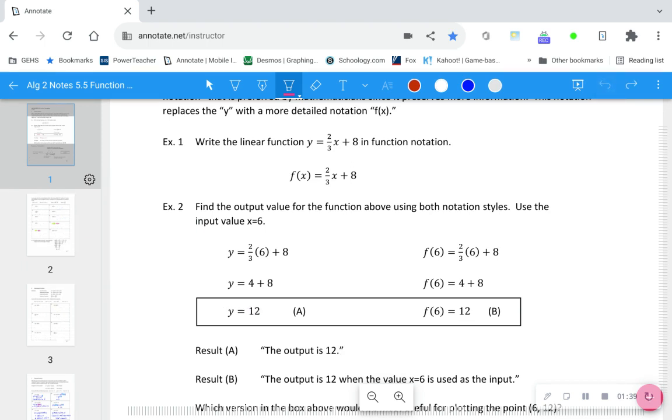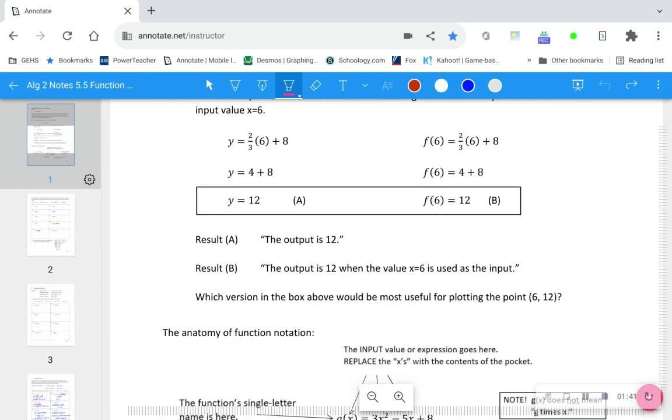Now, if you contrast that with the other side, we're going to do the same work on the right. 2/3 of 6 plus 8 is 4 plus 8. That also gives 12. But the difference is we never lost track of that x value. It's part of our final statement down here. So if you read the bottom, you can see that you used a 6 to get the 12, and you know the x and the y.